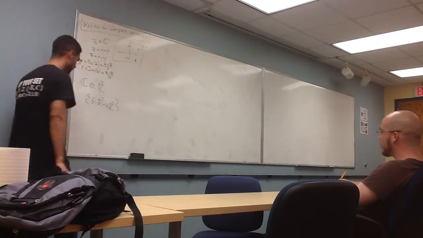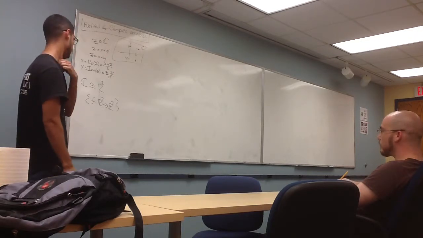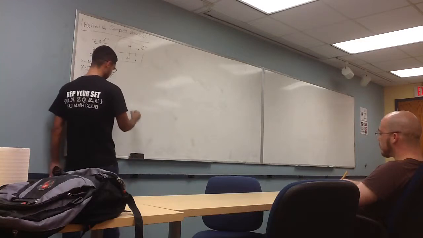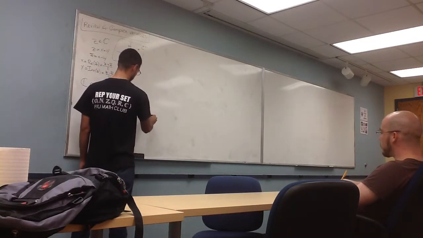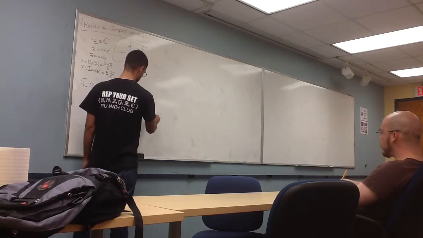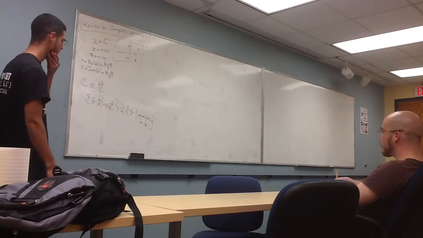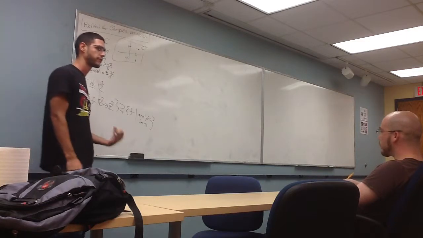Okay. Of these functions, we're interested in a subset of them, a proper subset actually, which are the f's that are what we call analytic in z, in a complex variable. What that means, I'll get to it. It just means that f is a direct function of z.